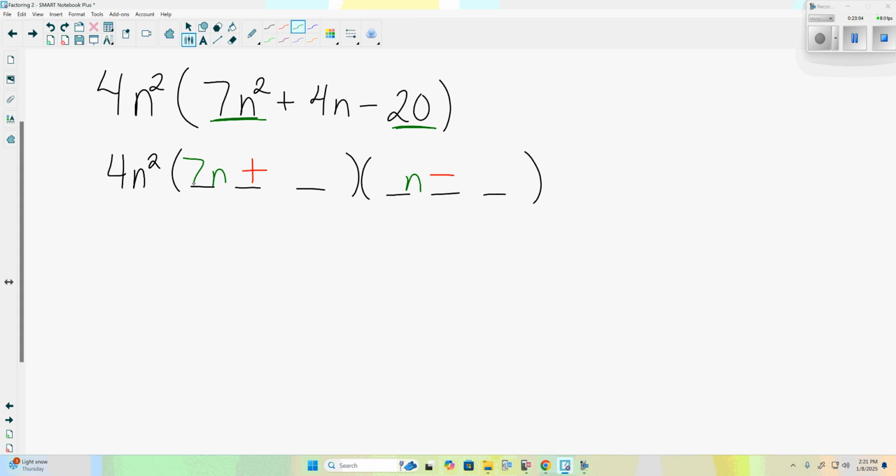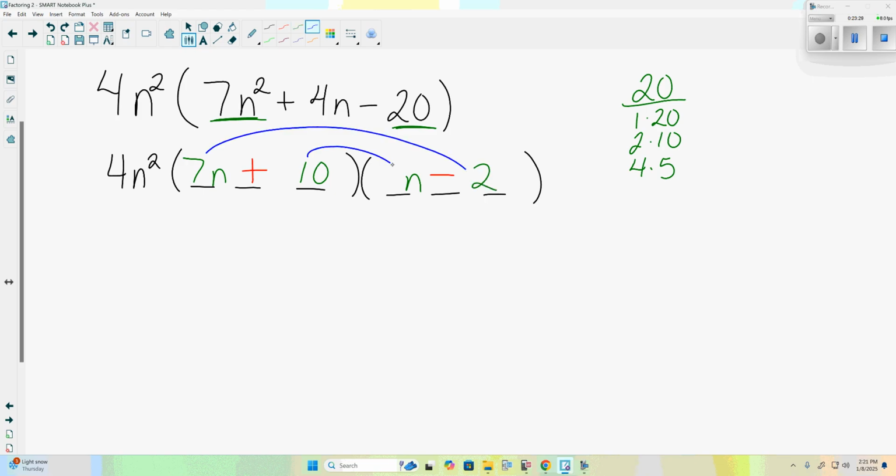Factors of 20. 1 and 20. 2 and 10. 4 and 5. Which ones of these do we want to try first? 2 and 10. Where do you want to put the 2? Where do you want to put the 10? 10 in the first, 2 in the second.